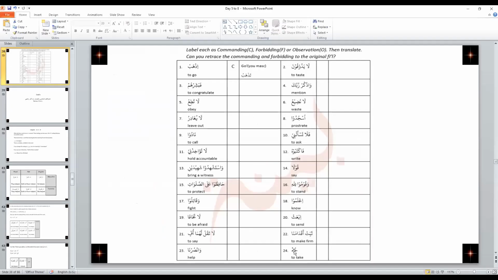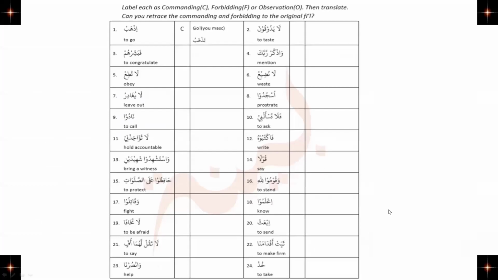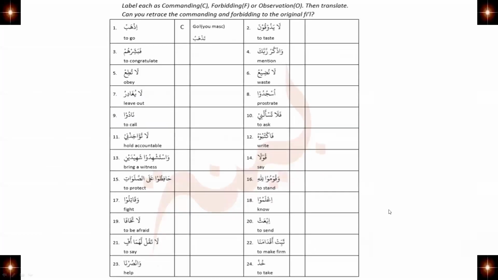Let's use the same screen. On your text boxes, look at number 1, which is done for us. Izhab. You can see izhab. Is it a C, F, or O? They say it's a C. Okay, what is the fi'l mudari?